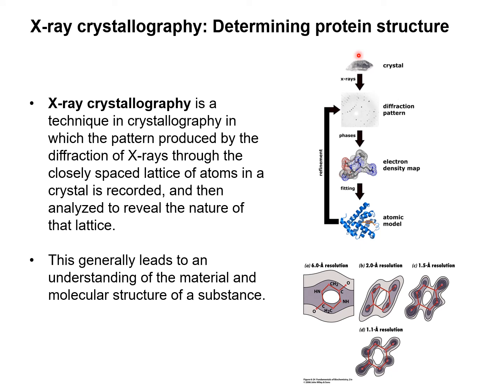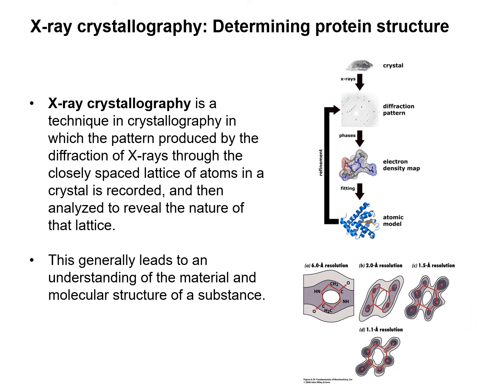Anyway, an X-ray is laid on this crystal and goes through the lattice of atoms in it. Then you can see the diffraction patterns of the X-ray, which can be recorded and analyzed later on to predict the 3D structure. This generally leads to an understanding of the material and molecular structure of a substance too.